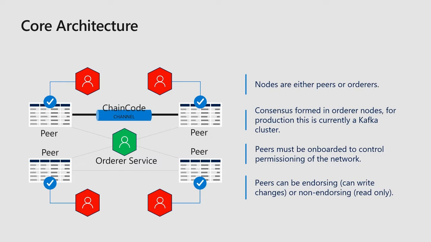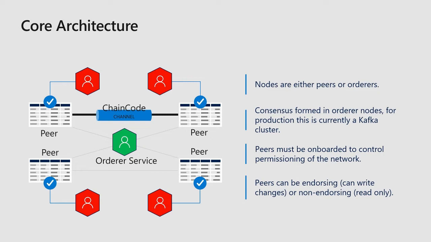And so basically after we have our endorsing peers, we also have the orders. Now the orders essentially form the consensus model that Hyperledger employs. Currently for production type workloads, we use a Kafka-based cluster. If you're familiar with that open source technology, that is actually used, and we basically build a network of ordering nodes, which, based on the name, means they're ordering the transactions that are going to exist.